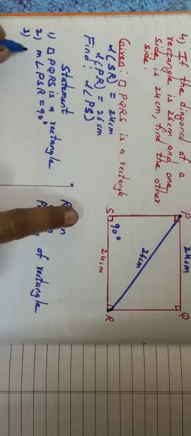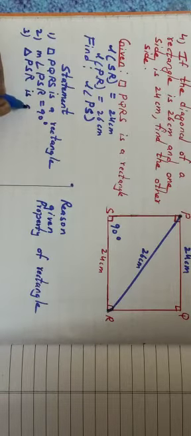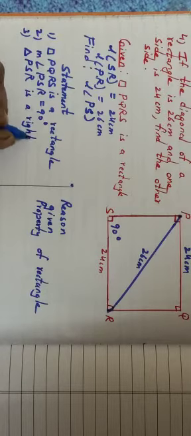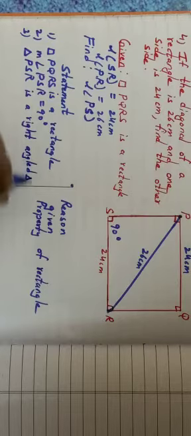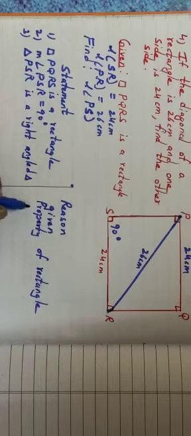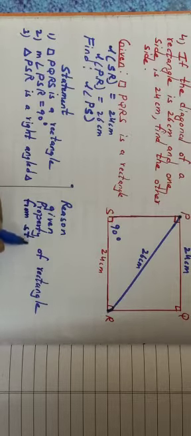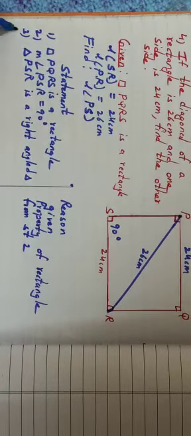Then we can write triangle PSR is a right angled triangle. Reason, from here we have got, because PSR is a right angle. So we can write from statement second. Now fourth, what we will write, because it's a right angle triangle, we can use the Pythagoras theorem.